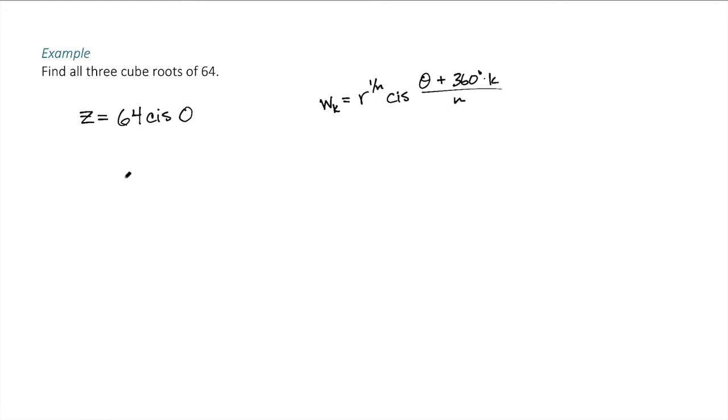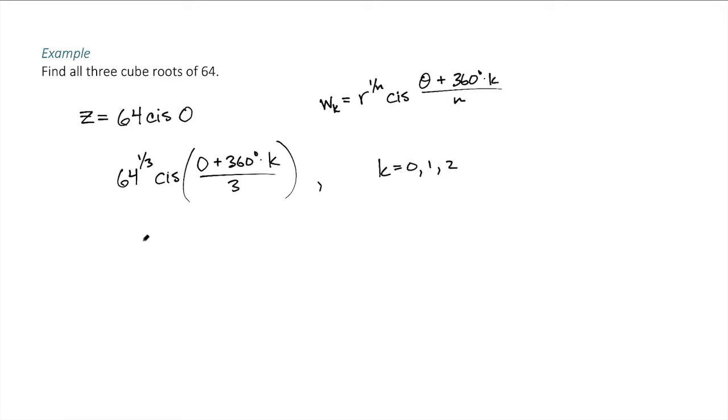So my roots are going to be 64 to the 1 over 3, because I'm doing cube roots, and then cis of 0 plus 360 degrees times k, all over n, which is 3, where k can be 0, 1, or 2. Okay, so 0 up to 1 less than the number root that we're finding.